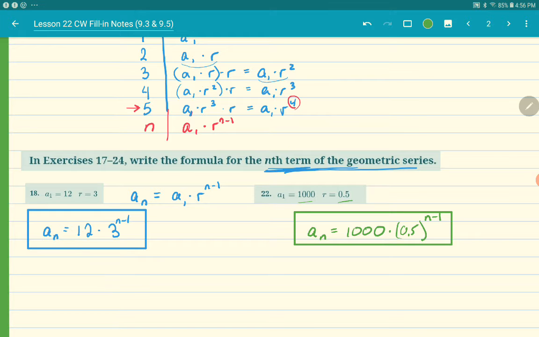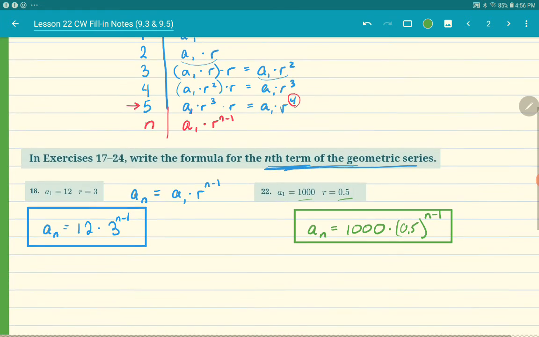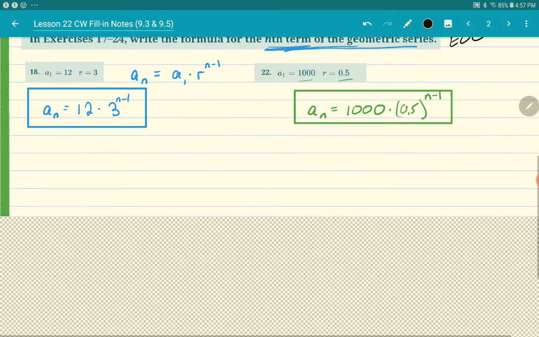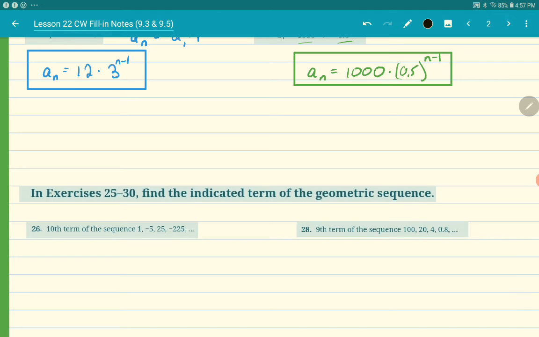All right, so there we go. That's 17 through 24. So you're going to try every other odd from that section on your homework. Every other odd.